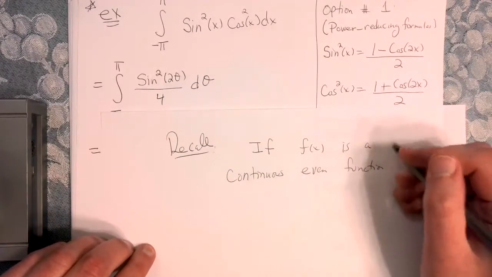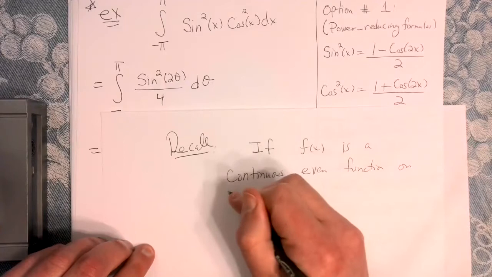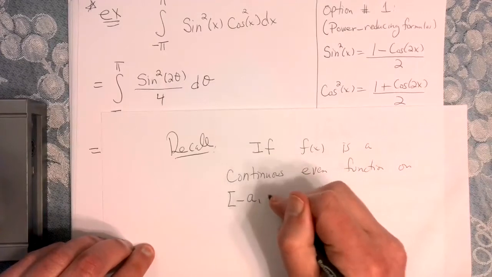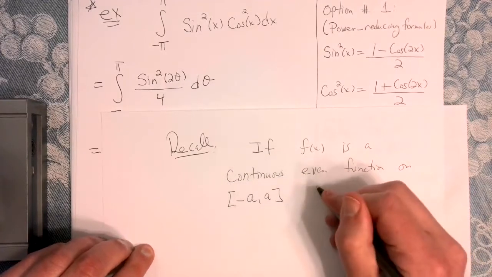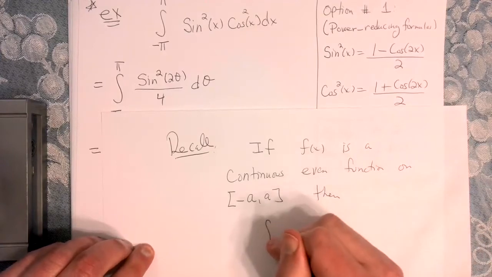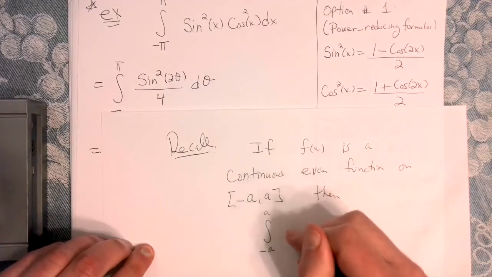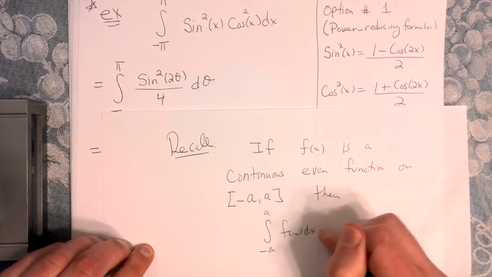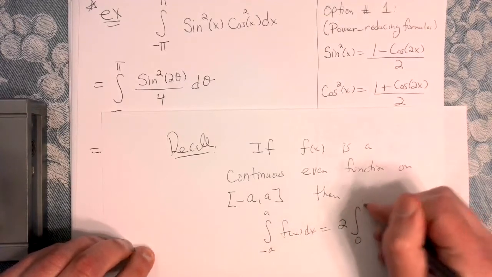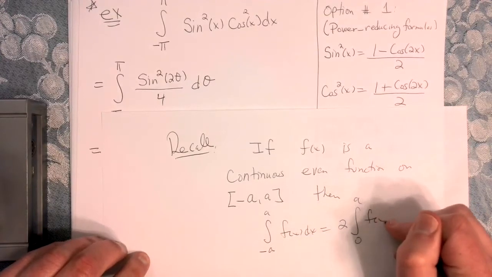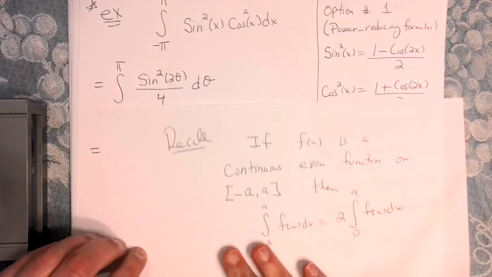So if f of x is a continuous even function on some symmetric interval minus a to a, then the integral from minus a to a of f of x dx equals 2 times the integral from 0 to a of f of x dx.